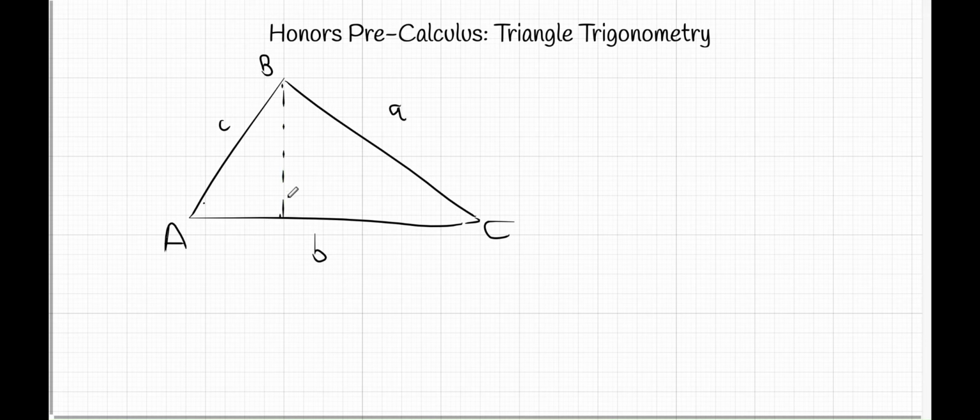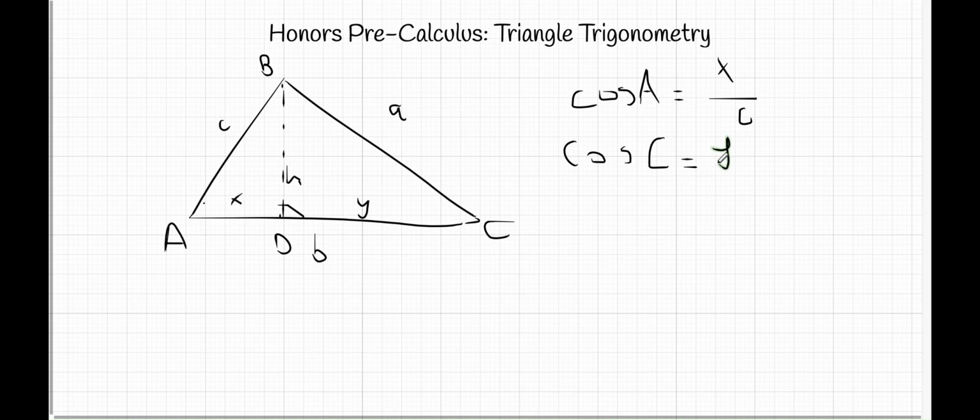Again, we draw an altitude, call this D, height h, and let's say AD is x, and let's say CD is y. We know that cosine of A would be x over c, adjacent over hypotenuse, and cosine of C would be y over a.